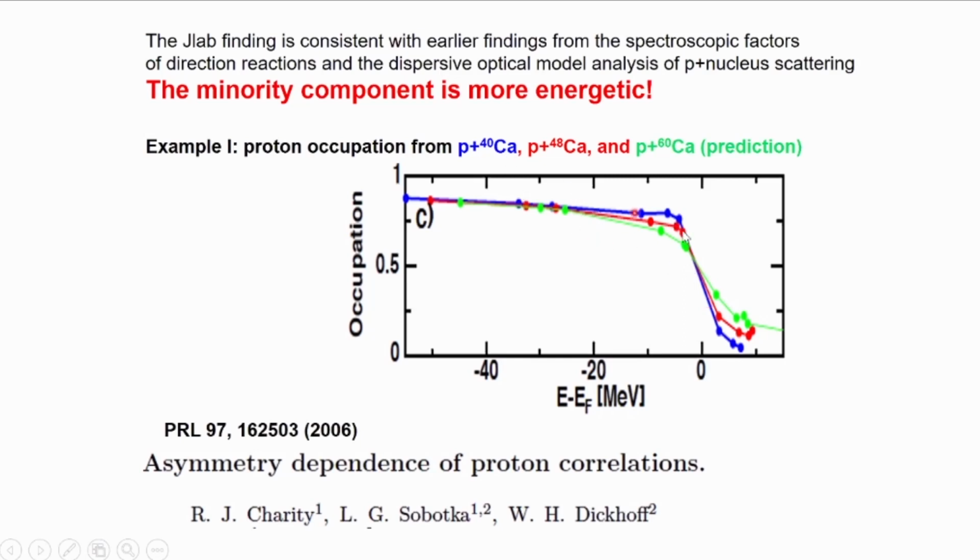For calcium 40, this is above the Fermi surface, compared to calcium 48. In calcium 48, you have more protons occupying the high momentum tail. They also made a prediction for calcium 60, and you see even more protons occupying the high momentum tail. So indeed, in asymmetric matter, protons are boosted more into the high momentum tail. They will gain a higher kinetic energy compared to neutrons.